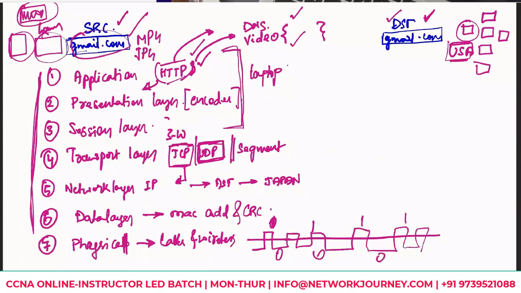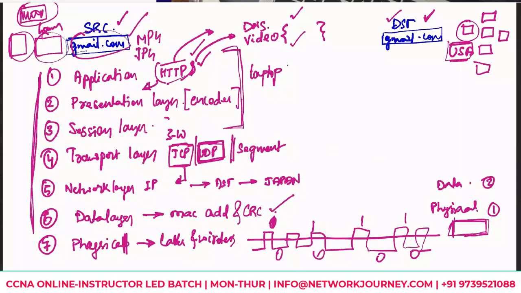Now on the other side, the same process repeats, and you are decoding. It starts with the physical layer, the first point. The physical layer sends it to the data layer. The data layer removes the header that was added, and looks at the content.